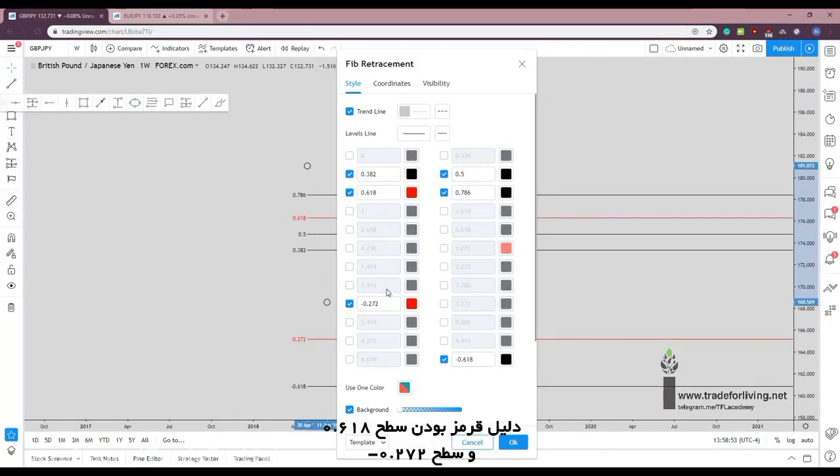These are the only Fibonacci levels that you need. The reason for which the 0.618 and the minus 0.272 are red, I will explain it just now. Basically, the 0.618 is the golden ratio and is where the market pulls back most of the time, and the minus 0.272 is the first target if we take the Fibonacci in the way that I'm just about to show you. So this will also be clear very soon.